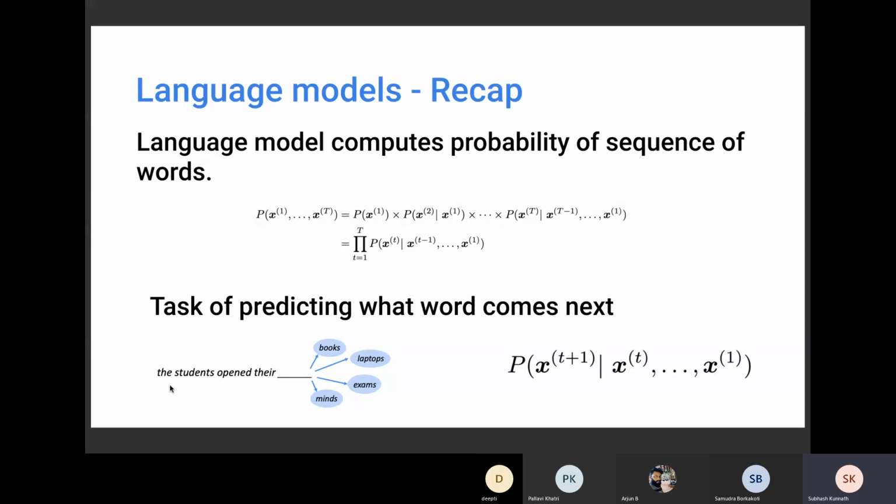It can be books, laptops, exams, or minds, and the language model will give a distribution saying books has this much probability, a number between 0 and 1, and laptops has this much probability. For the entire vocabulary there will be some value associated with each word, and all the values will add up to 1.